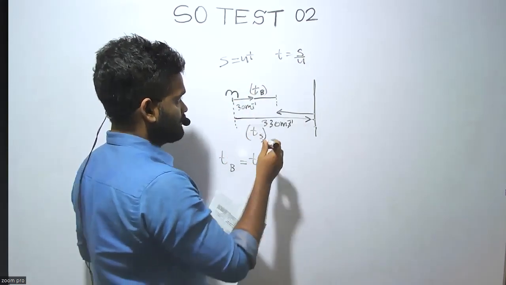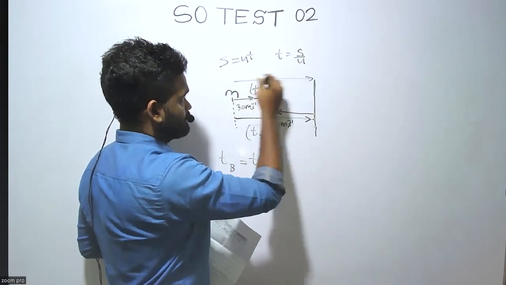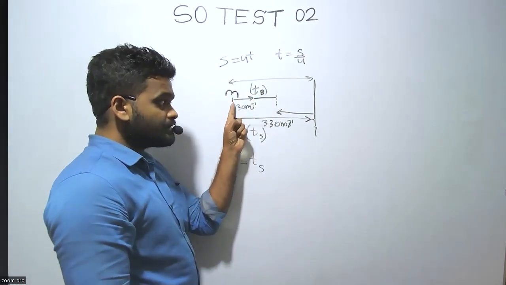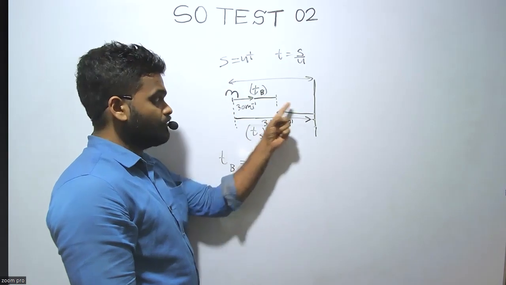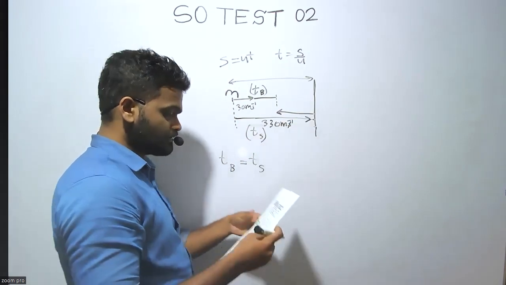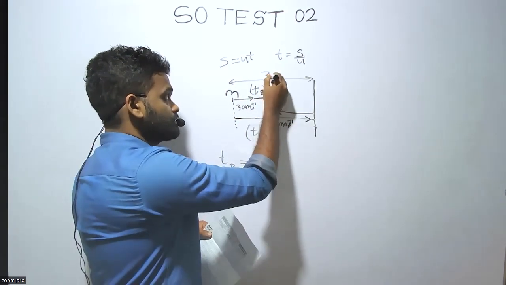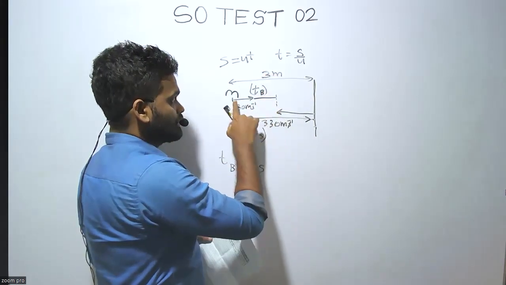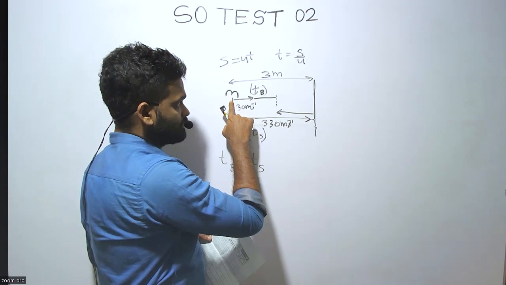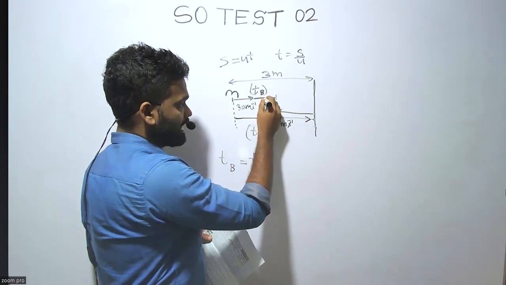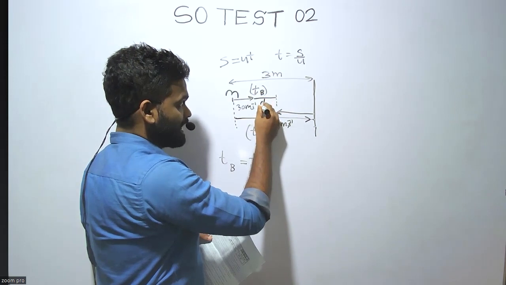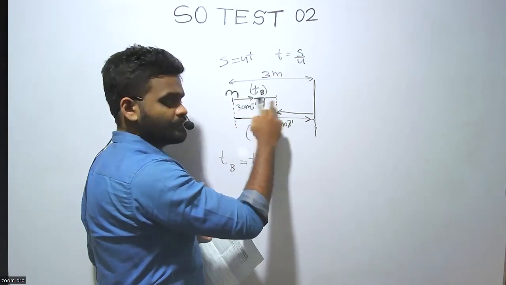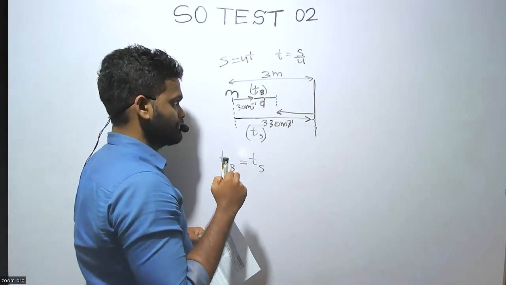Here we need to clarify these distances. They say the bat releases a sound when the distance to the wall is 3 meters. So this is 3 meters. In the question what they ask is, how much distance does the bat move? Let's say simply d.